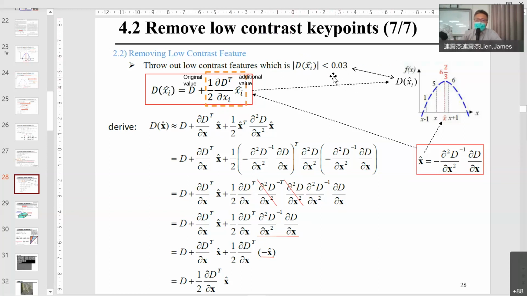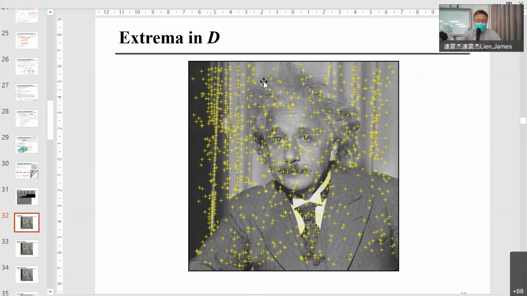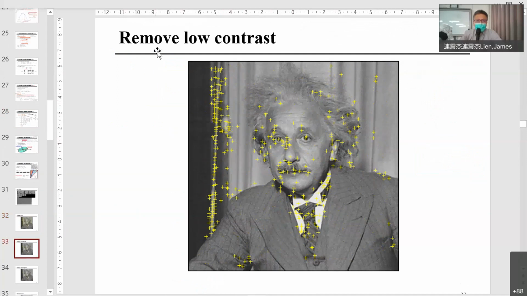In this case, if it is smaller than 0.03, you delete it. After deleting, let me show you the result. This is the local maximum, and after you do the low contrast removal, you see you remove a lot of low contrast points.